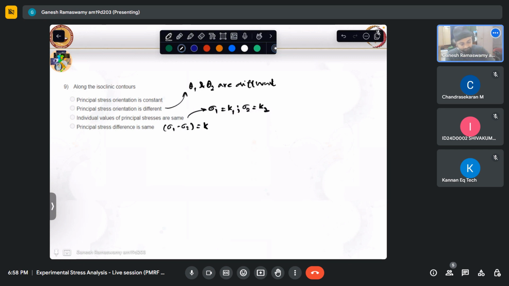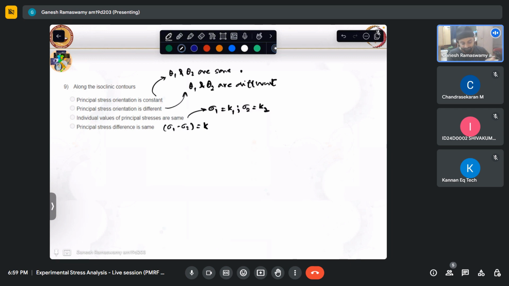This says theta 1 and theta 2 are same. Now we know that isoclinic does not have anything to do with the principal stress difference, but only the orientation. So it has to be option A or B. And we know a contour, when we say it, essentially links only the points where some parameter value is same.